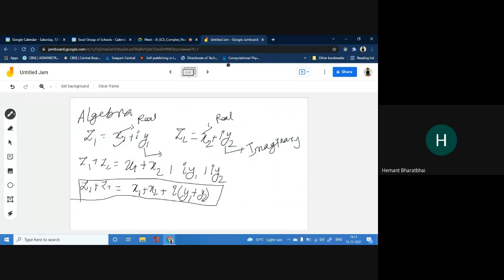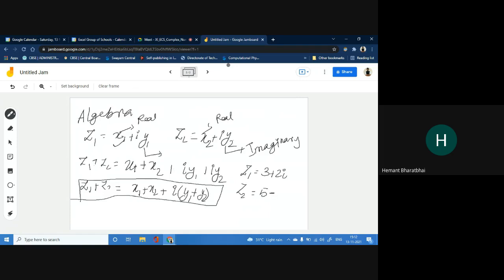So from here I'm taking i as common. So what will remain inside is Y1 plus Y2. So this is how I can add two complex numbers. The real part got added with the real part, whereas the imaginary part got added with the imaginary part.